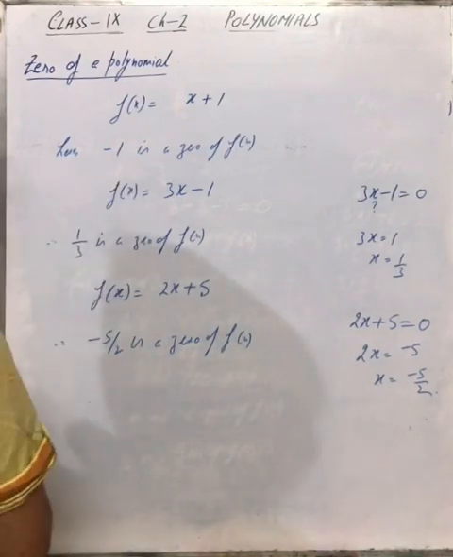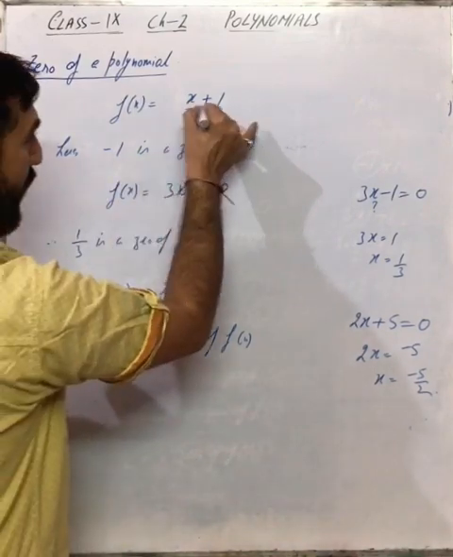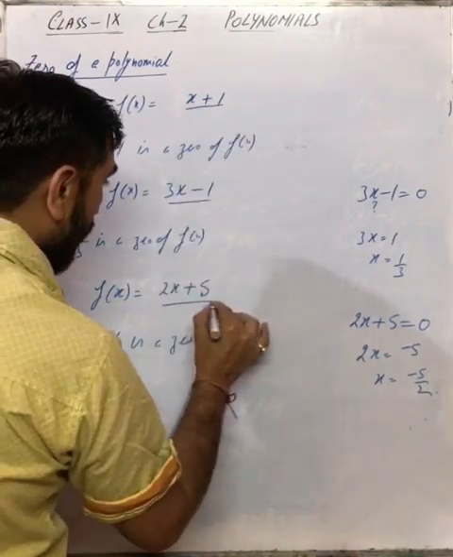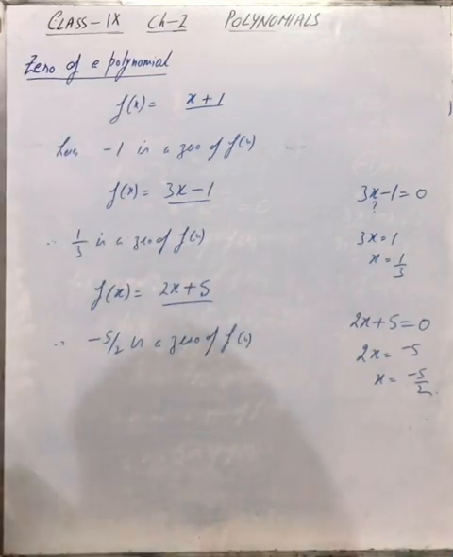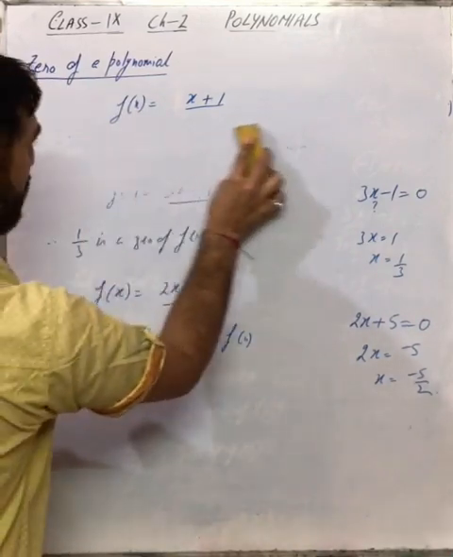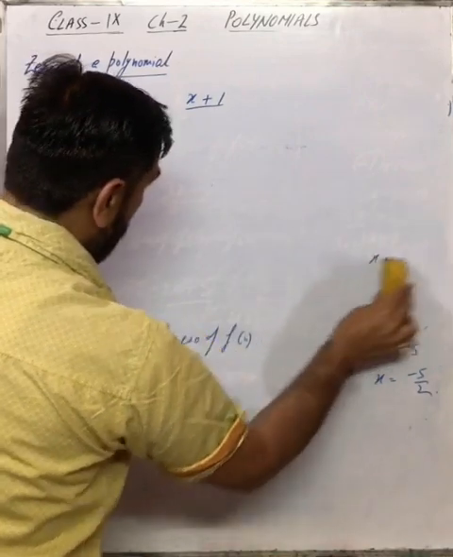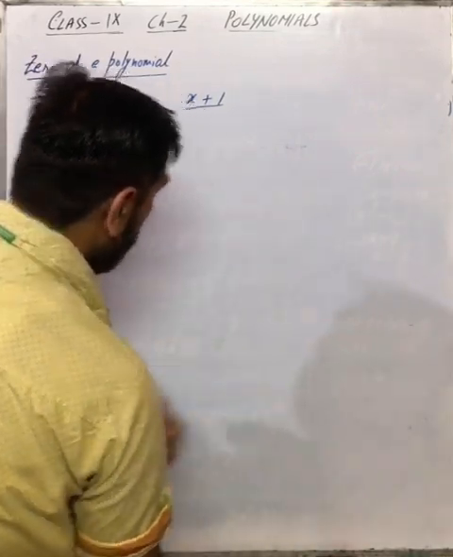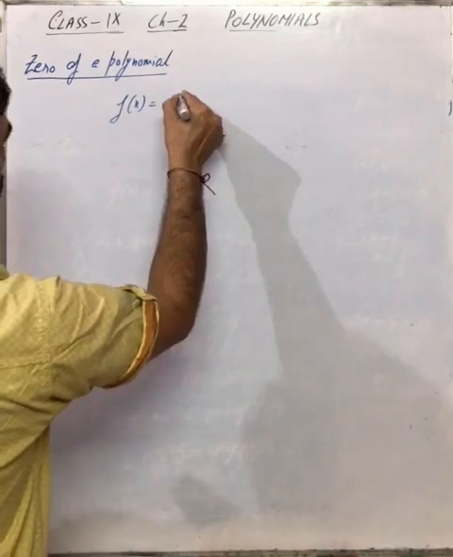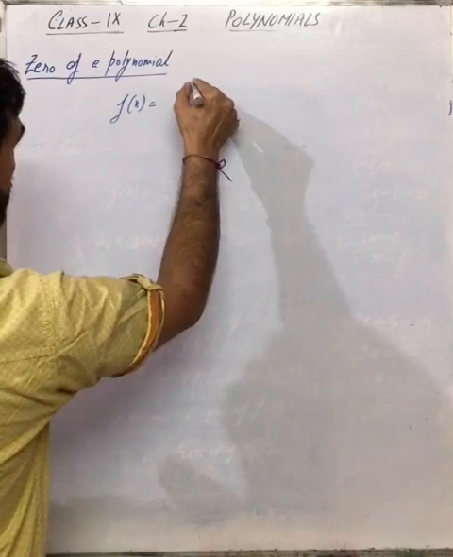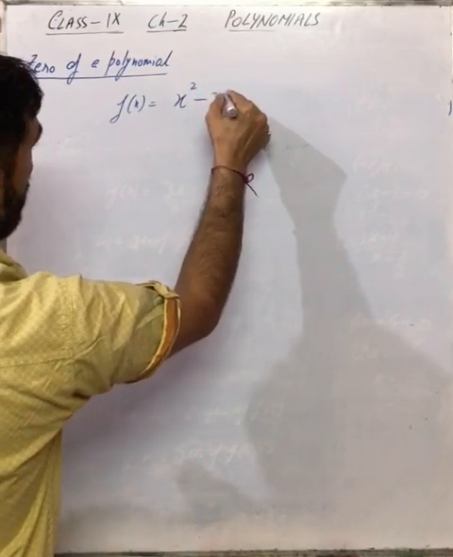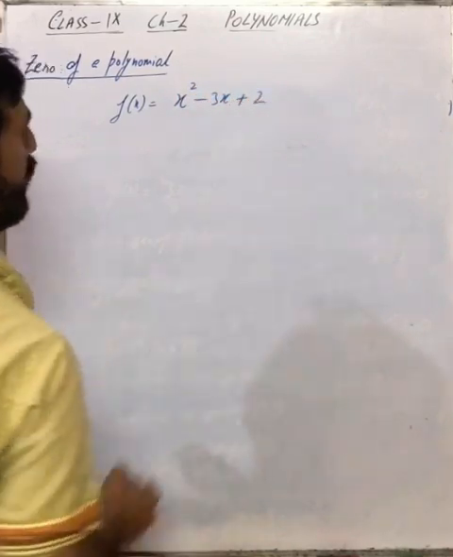Here just see, in all the 3 cases I have taken linear polynomials. Now suppose you are given a quadratic polynomial. Let me take a question when the polynomial given is quadratic. That means it is of degree 2. Suppose you are given x square minus 3x plus 2.